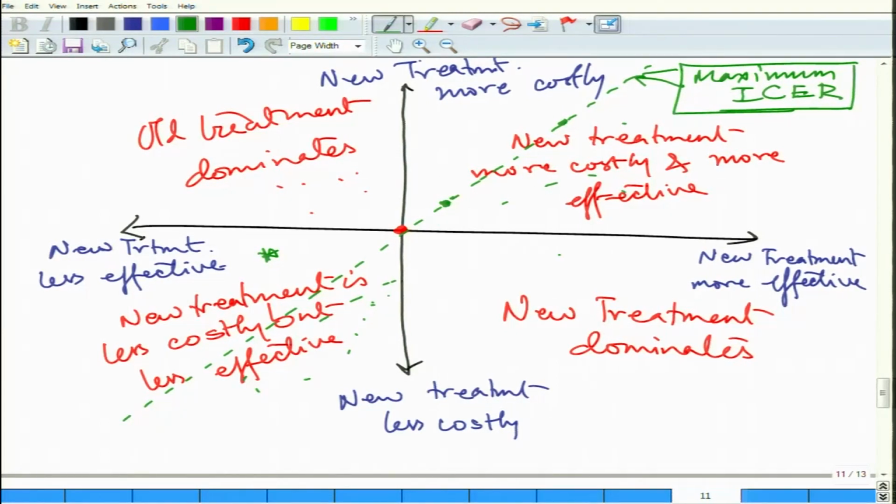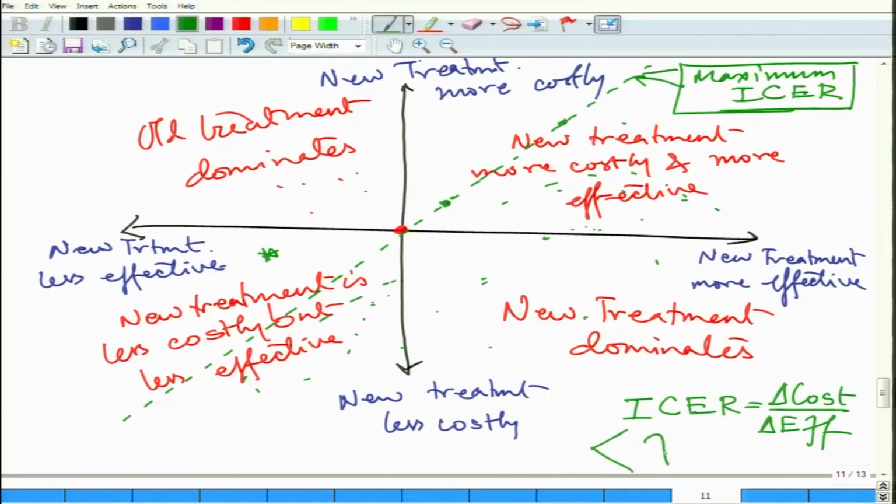Your decision rules will be taken by any points on this right hand side, and these decisions will be given by ICER, which is delta cost by delta effectiveness, and should be less than or equal to lambda, or this line. Either you take that or not. So lambda is that ICER value, the maximum ICER value. This is the lambda, this value.